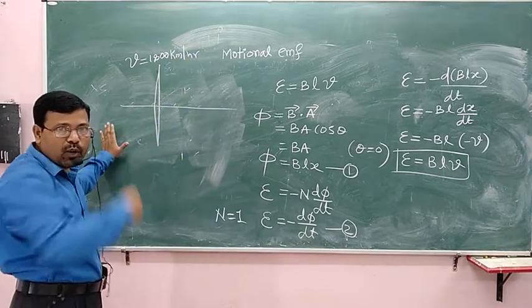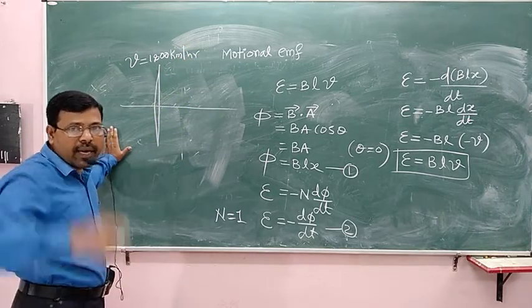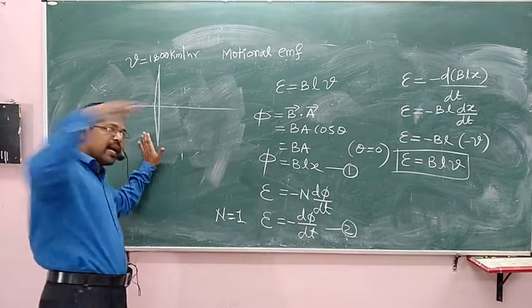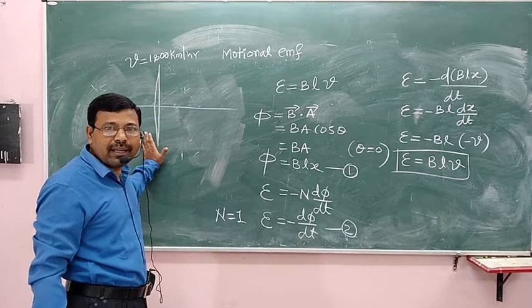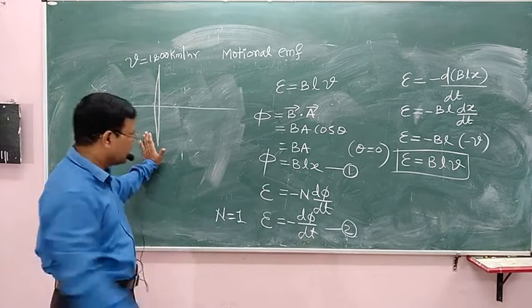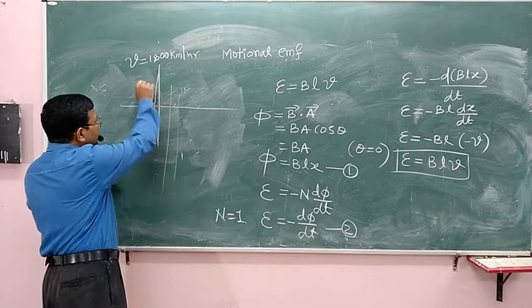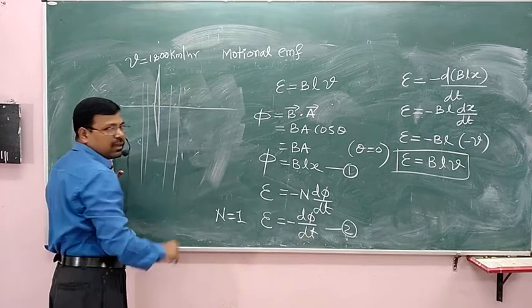As we know, whenever the aeroplane is moving, the vertical component of Earth's magnetic field matters. This is the vertical component of Earth's magnetic field, BV.